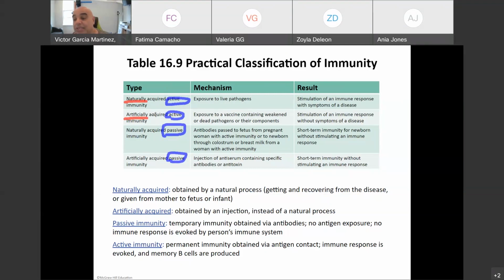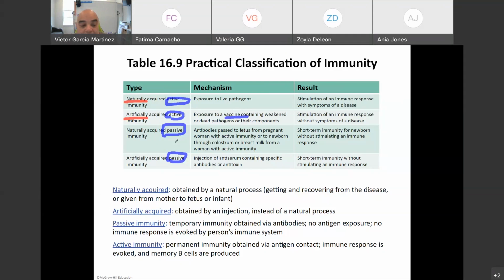You're able to receive the germs or part of the germ, an antigen, and you're able to activate your immune system and respond that way. This is the perfect example of a vaccine.